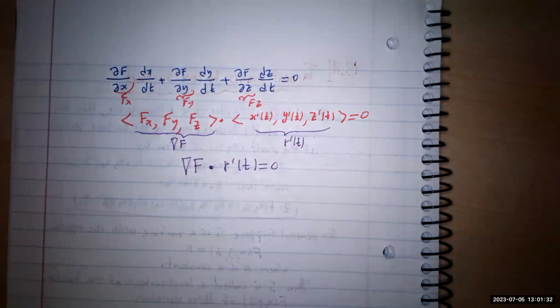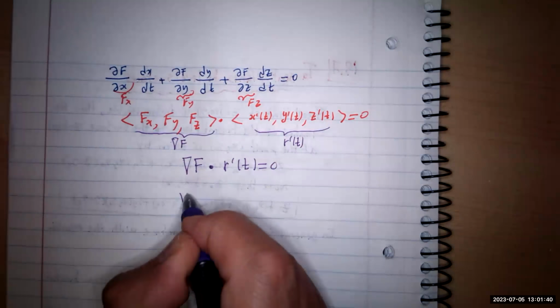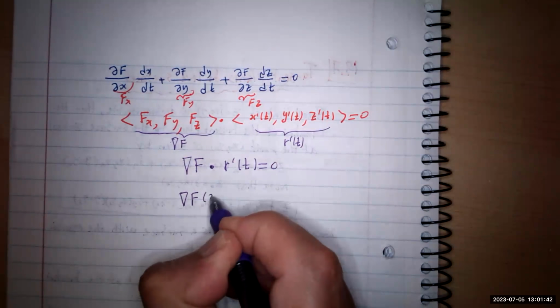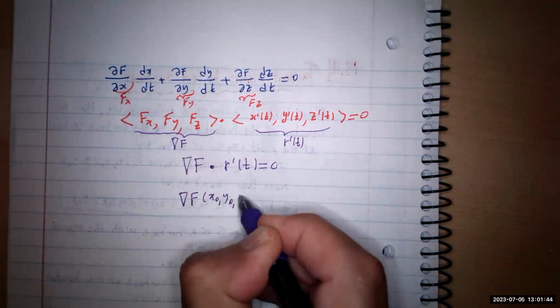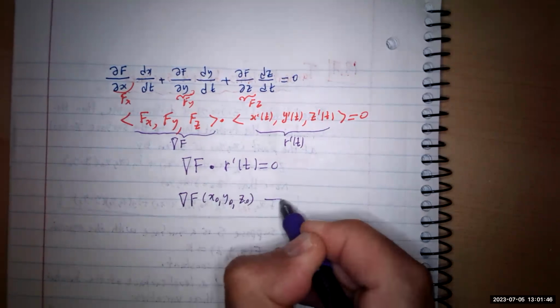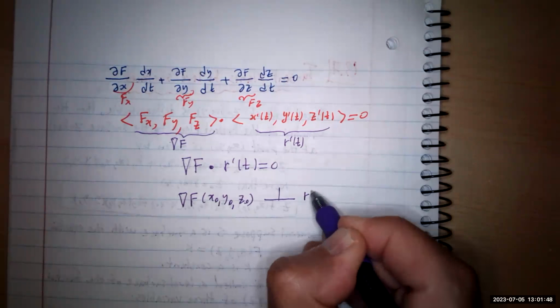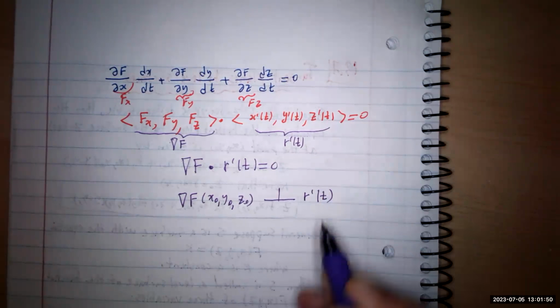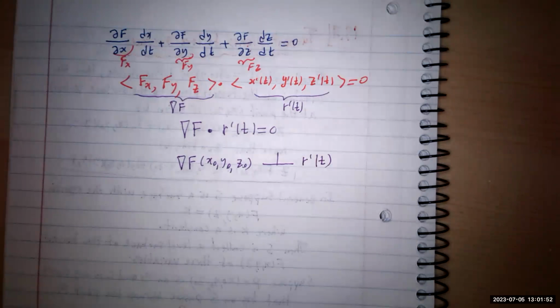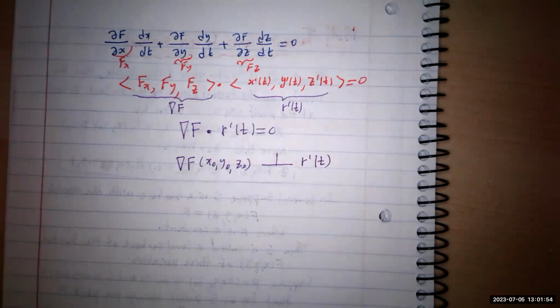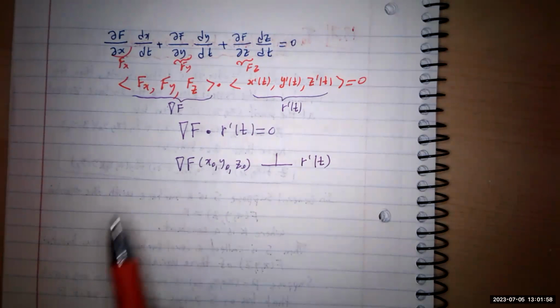You know that if the dot product of two vectors is 0, then these vectors are perpendicular to each other. So this simply means the gradient of f at the point x0, y0, z0 is perpendicular to r prime of t. Remember, r prime of t is the tangent vector. So this means the gradient is going to be the normal vector that you're interested in.